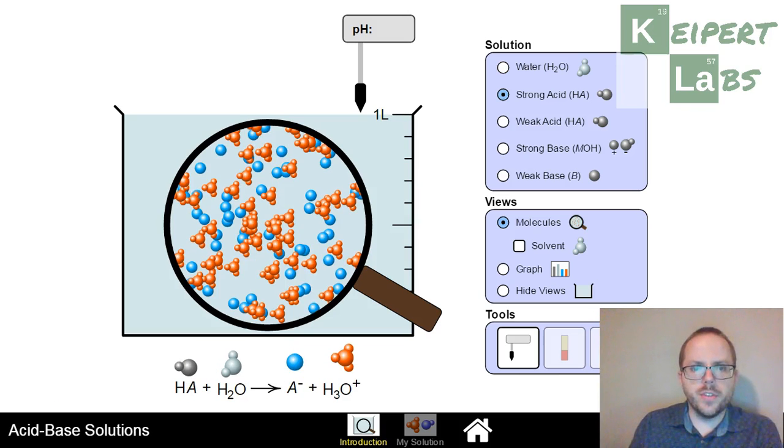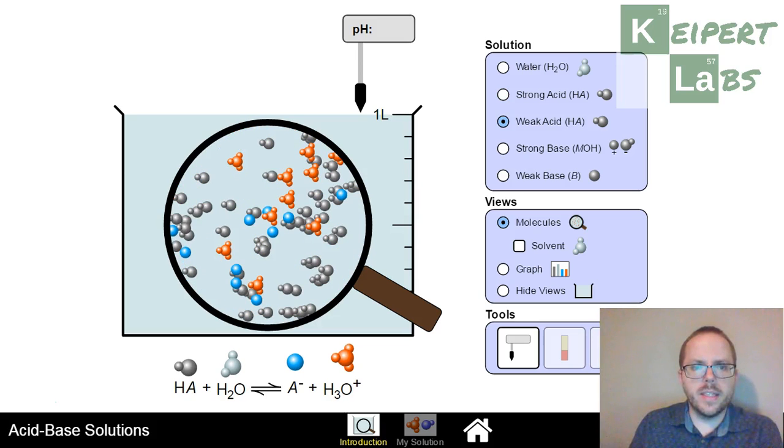Okay, so for a strong acid, we're seeing that all of our HA over here has been used up to form A- and H3O+. We still have lots of solvent, lots of water molecules around, don't forget that, but we don't have any of our original acid left. Whereas when we look at a weak acid, we have lots of original acid and some dissociated conjugate base.